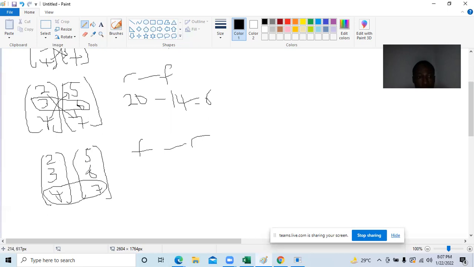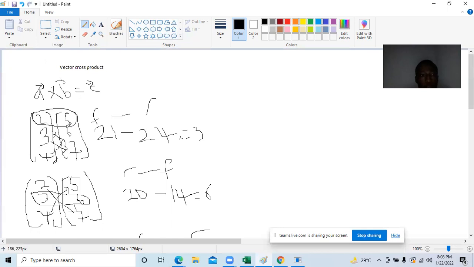So this is 2 times 6. So this is a falling diagonal first. 2 times 6 is 12 minus 5 times 3, 15. So this is going to be minus 3, right?